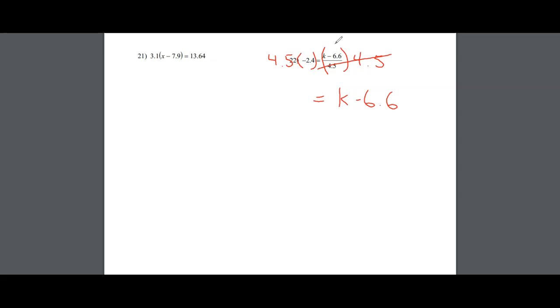On the left-hand side, you may have to pull out your calculator here. That is going to give you 10.8. So 4.5 times 2.4 is equal to 10.8. We do have a negative here, though, so it's going to be negative 10.8.